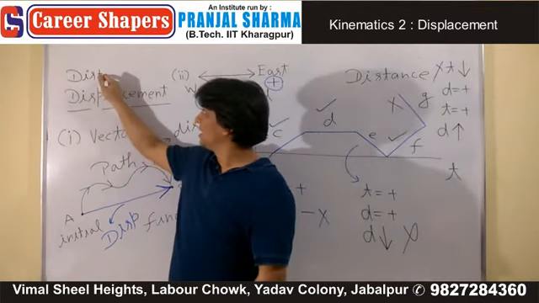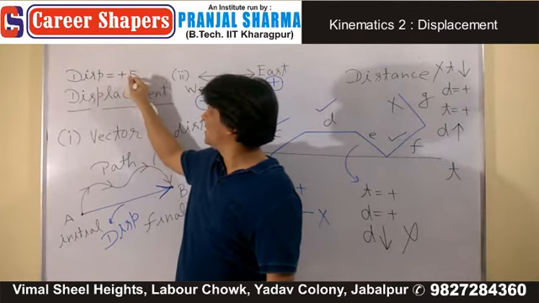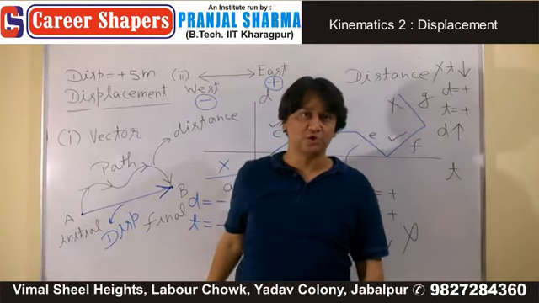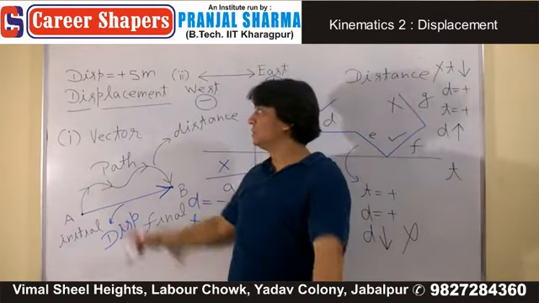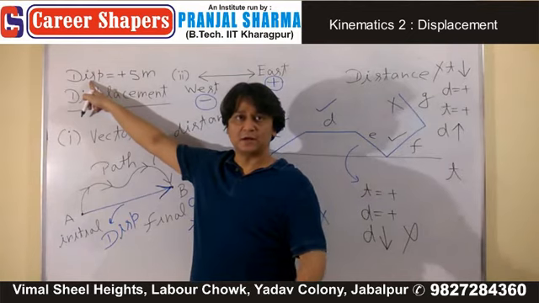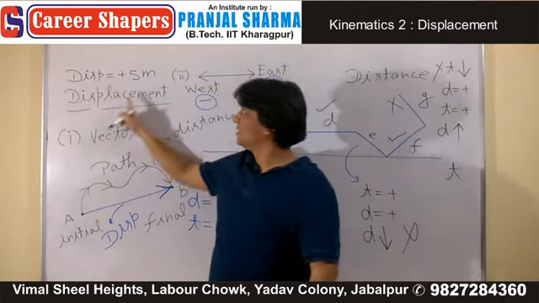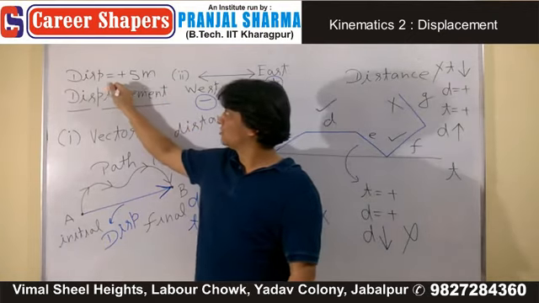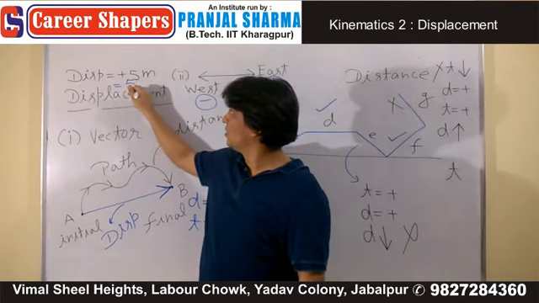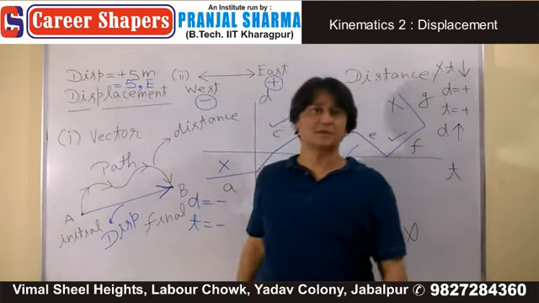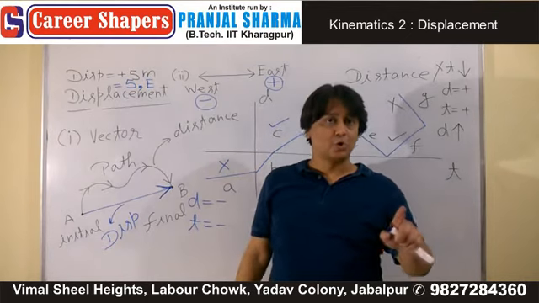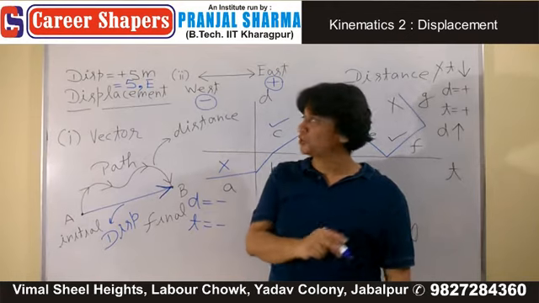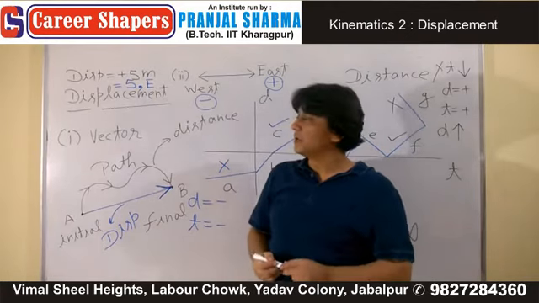As of now, if somebody says displacement is plus 5 meters, that is a coded language. The person who knows that displacement is a vector will immediately tell us that this plus 5 meters is nothing but 5 meters east. So, with vectors, remember, plus and minus are used for directions.